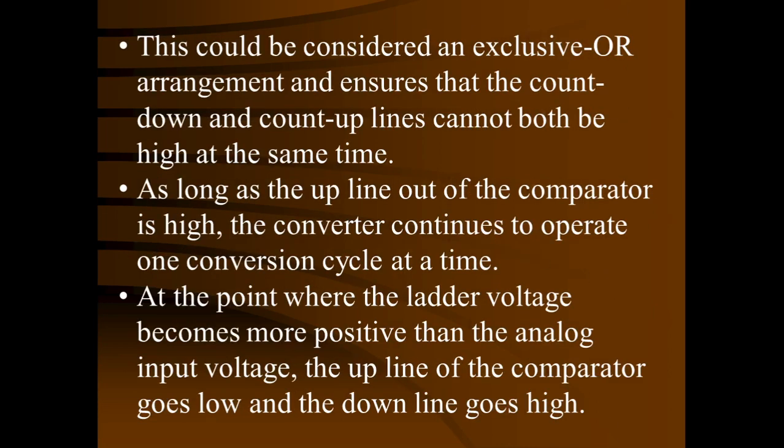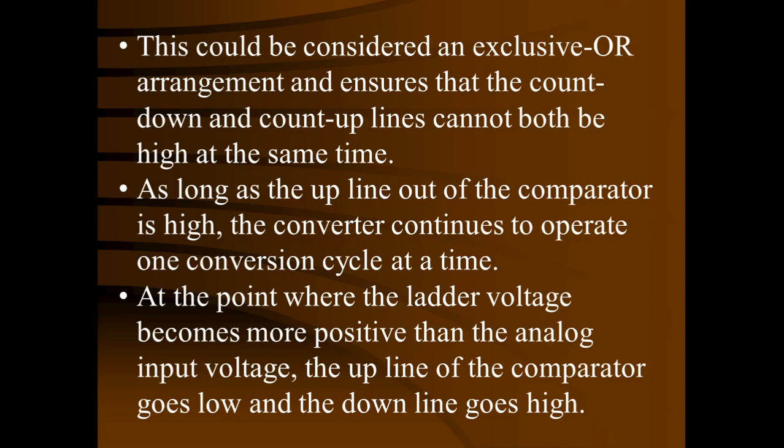This could be considered an exclusive OR arrangement and ensures that the count up and count down lines cannot both be high at the same time. That means there will be no confusion about whether the counter is operating in count up mode or count down mode.